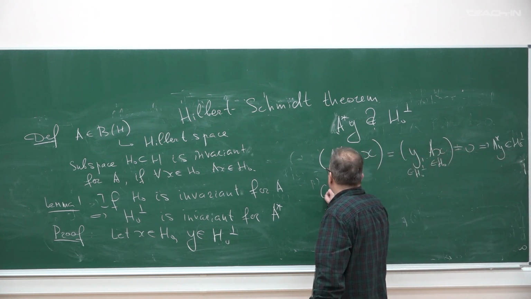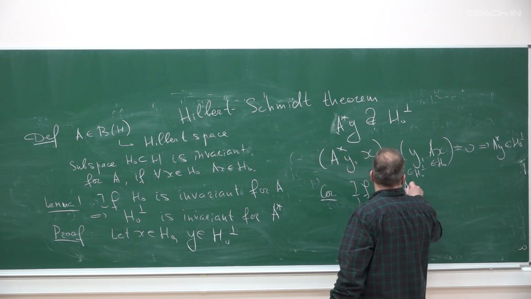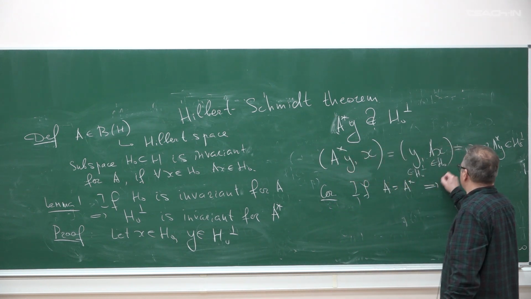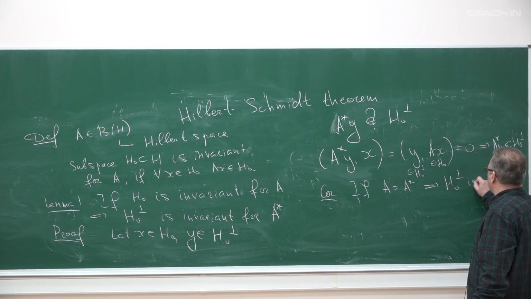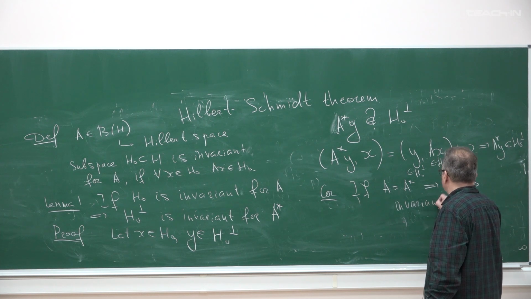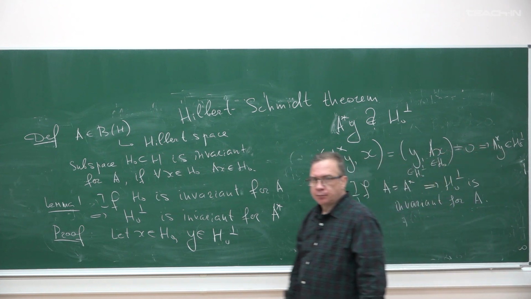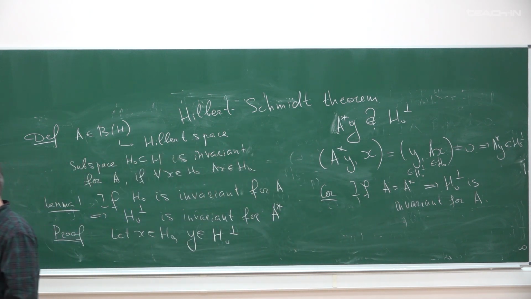So again, the corollary: if A equals A star, H0 orthogonal is invariant for A. So a simple corollary.